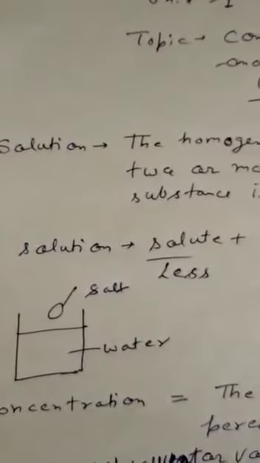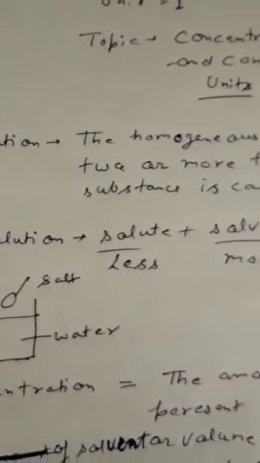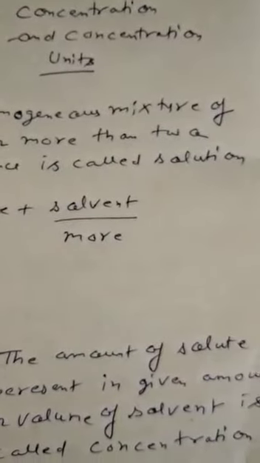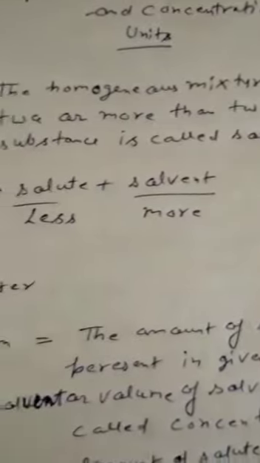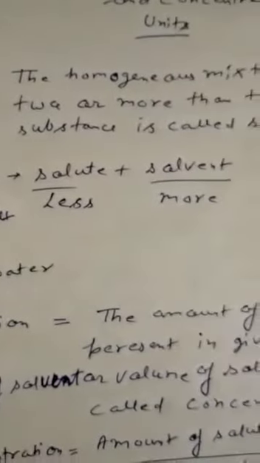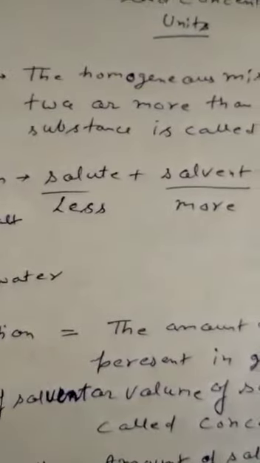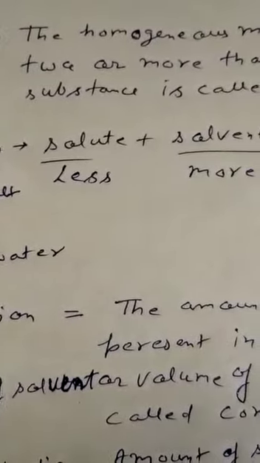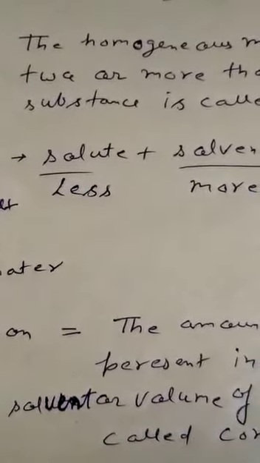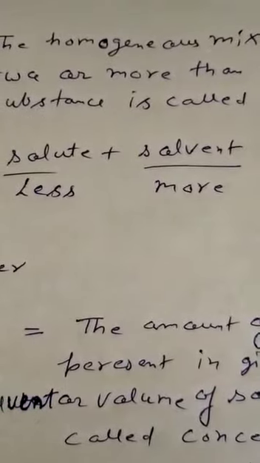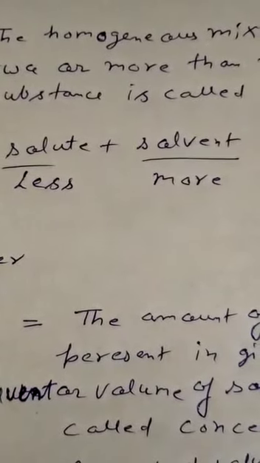You all know that the homogeneous mixture of two or more than two substances is called solution. So solution includes two things, solute and solvent. The substance which is present in lesser amount is called solute, and the substance which is present in greater amount is called solvent.